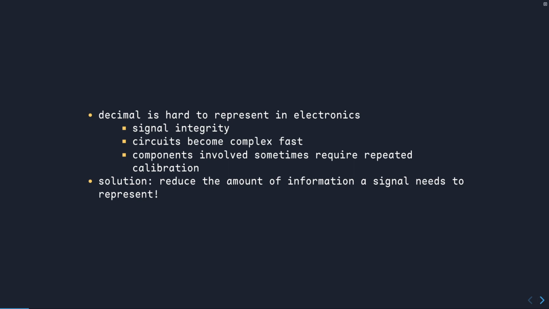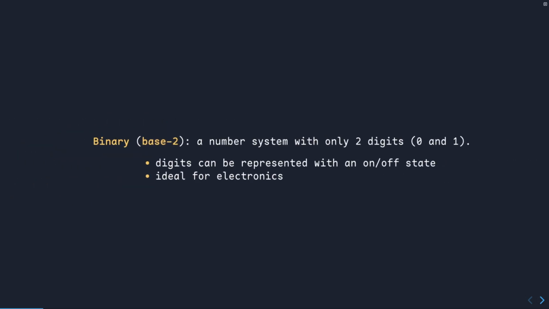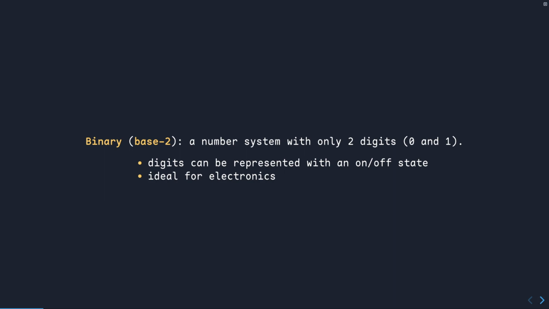You want to keep the signal as simple as possible, and the simplest way to transfer information over an electronic wire is by using on and off states, which leads us to the binary counting system, which is a number system with only two digits, 0 and 1. And because it has two digits, we can represent each digit with an on and off state, which is very useful in electronics.